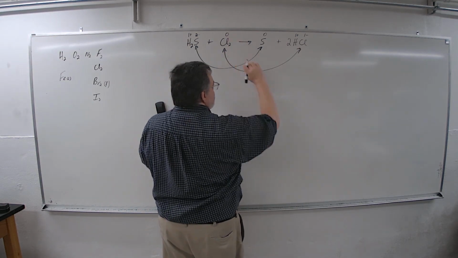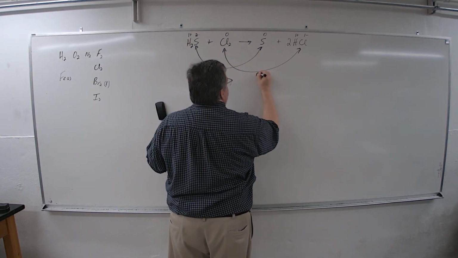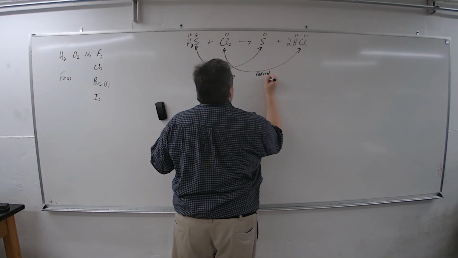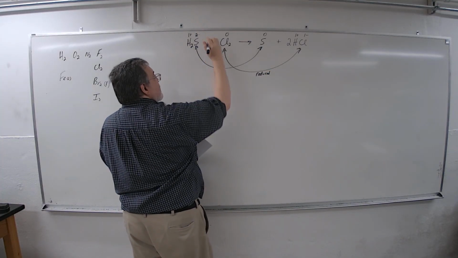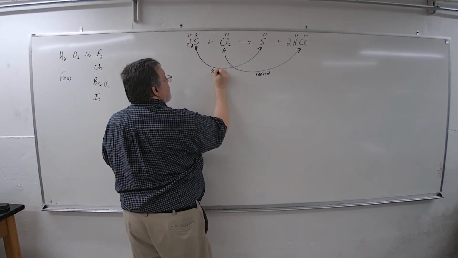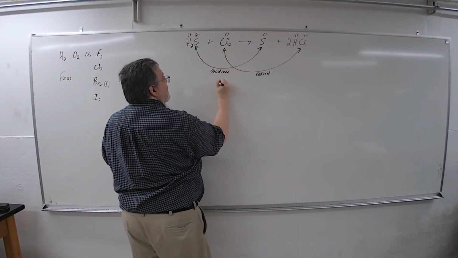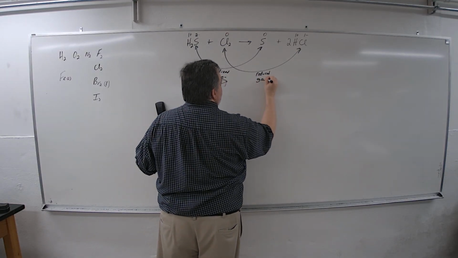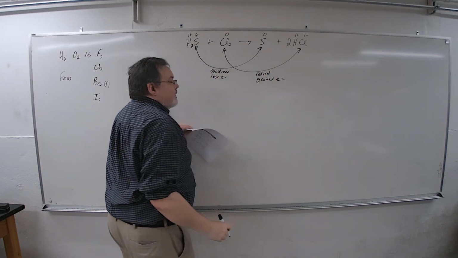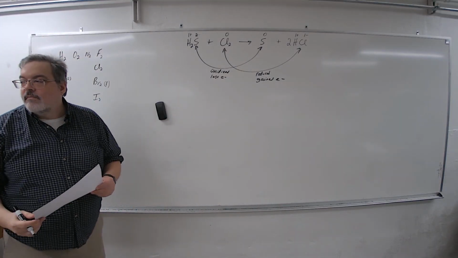Chlorine went from 0 down to -1. So it was reduced. Sulfur went from -2 up to 0. You with me?